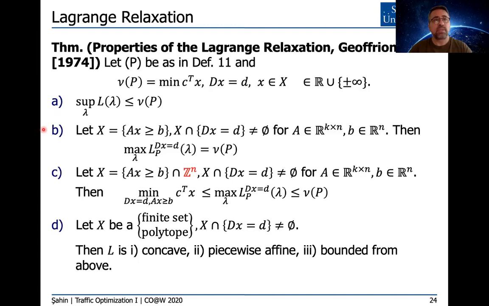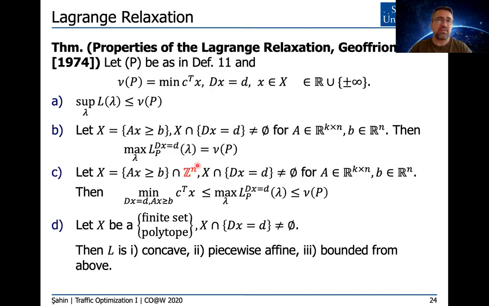B, if the tractable constraints are linear inequalities, such that the original problem is a linear programming problem, the Lagrange relaxation provides exactly the LP bound. C, if the tractable constraints are inequality constraints, plus there are some integrality constraints, the Lagrange relaxation can be better.